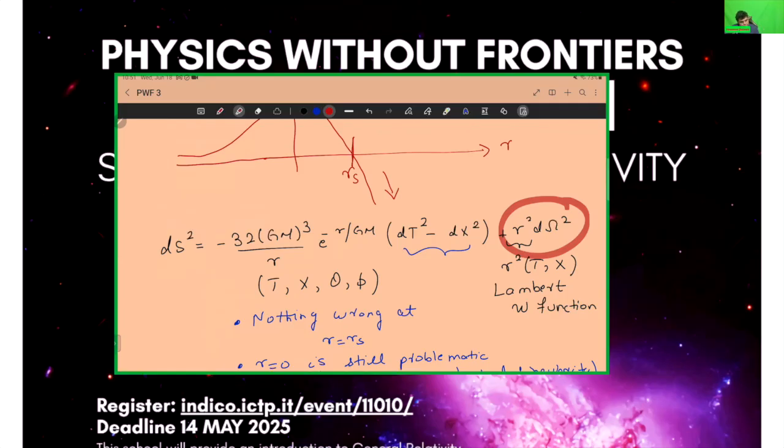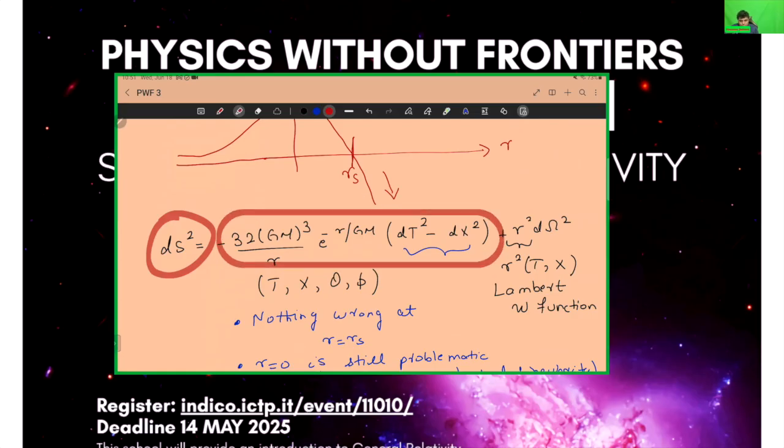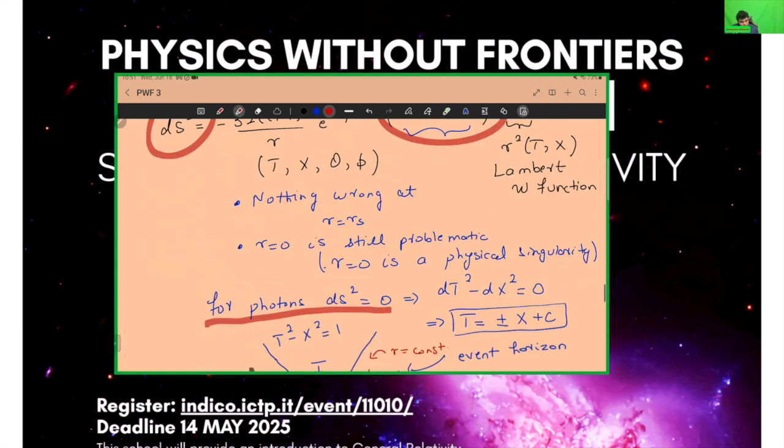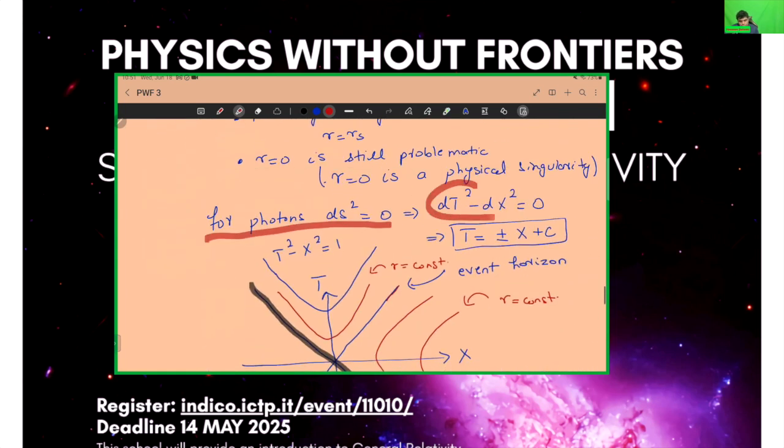There's only a radial direction, which means that for ds squared to be 0, this thing should be 0. But if you want this thing to be 0, then this thing should be 0. And if this thing is 0, then t has to be equal to plus or minus x plus some constant. And that's a line that's 45 degrees. So I hope that I answered your question. Let me know if I didn't.